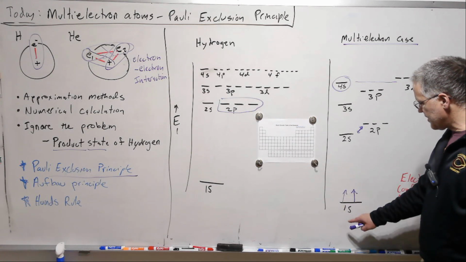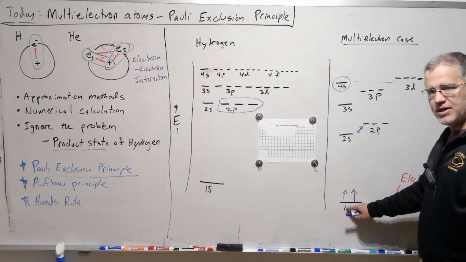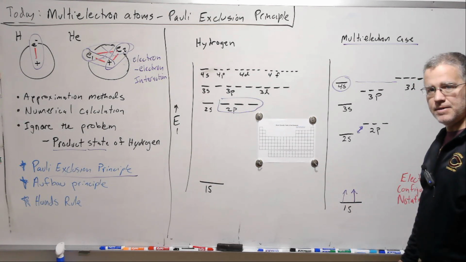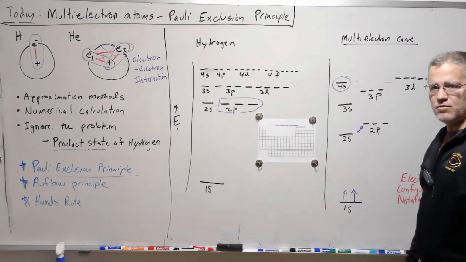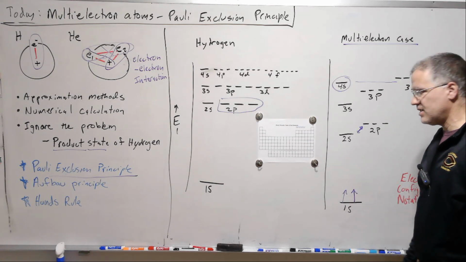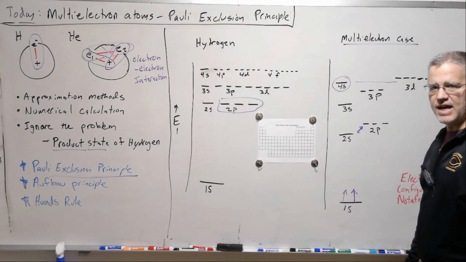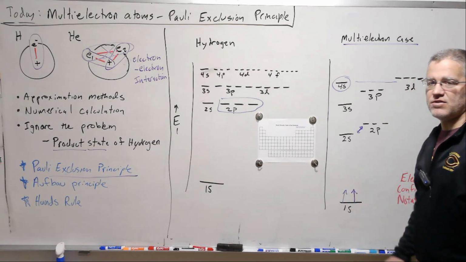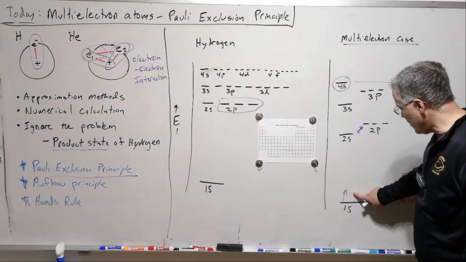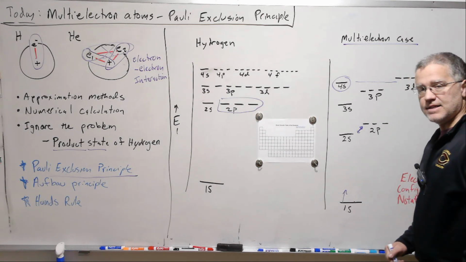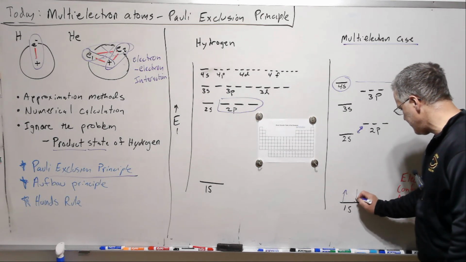So let's look at this. This is a 1s, m equals 0, spin up. So it's a 1s, 0, 1/2, 1/2. And this is a 1s, 0, 1/2, 1/2. So this is not allowed. This is forbidden based on the Pauli Exclusion Principle. So we can't write that, but we can write this.